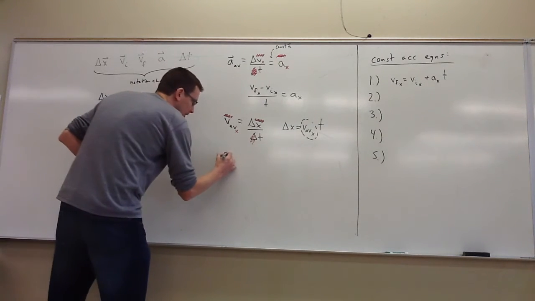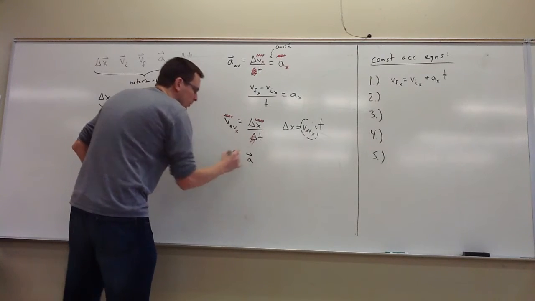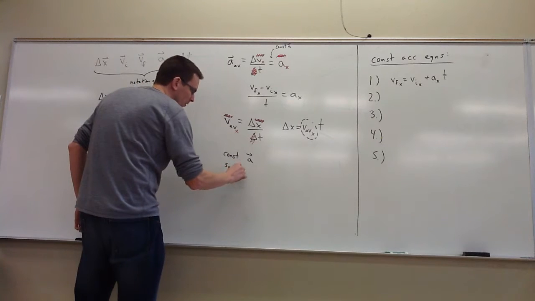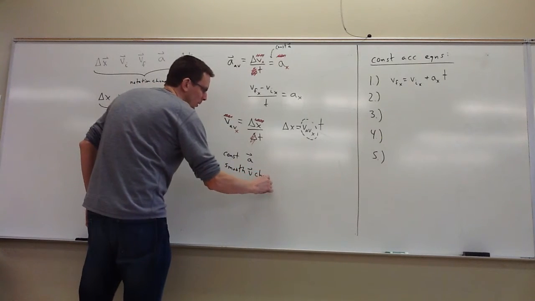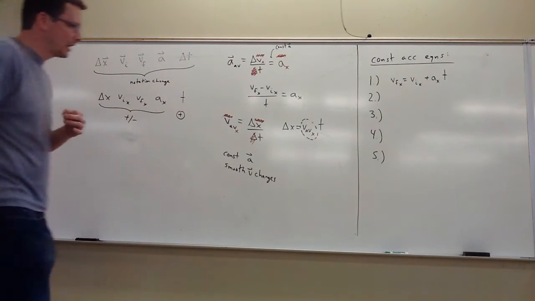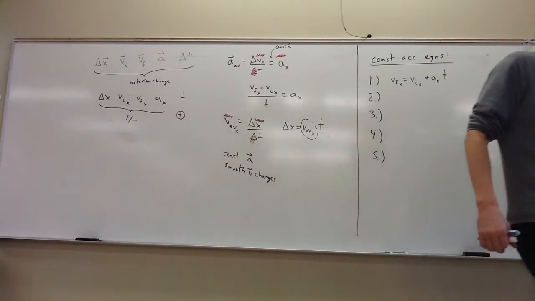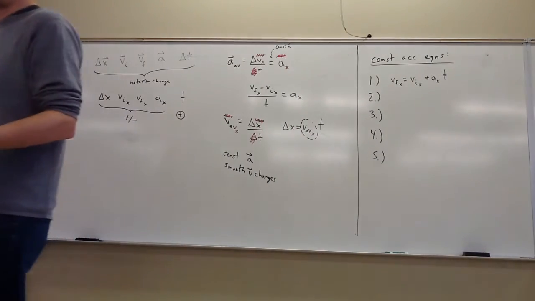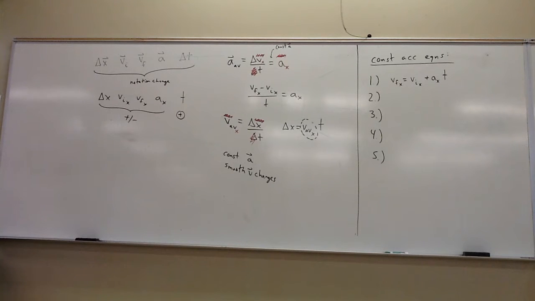Here's the beauty of constant acceleration. The beauty of constant acceleration is smooth velocity changes. So if you have constant acceleration, you're trying to get from one initial velocity to another final velocity, you're going to just smoothly connect them. You're not going to dilly-dally near v initial. You're not going to dilly-dally near v final. You're just going to smoothly connect them. How do you think I could get the average velocity from the initial and final? Any ideas?